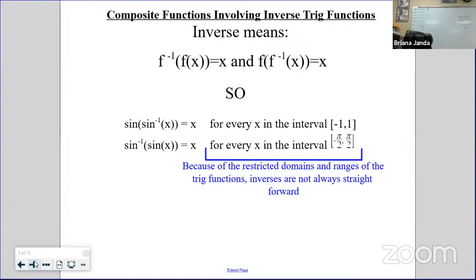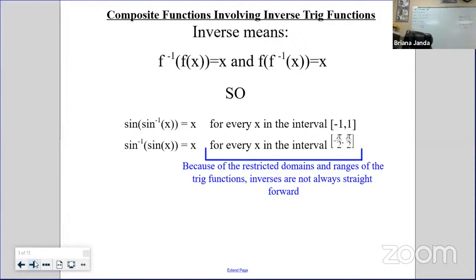So reminding you of inverse functions and their compositions. We were introduced to the fact that if we do the inverse function of the original function, they undo each other, and we just got x, right? And the other way around, if I were to do f of f inverse, they undid each other and we got x as our answer.